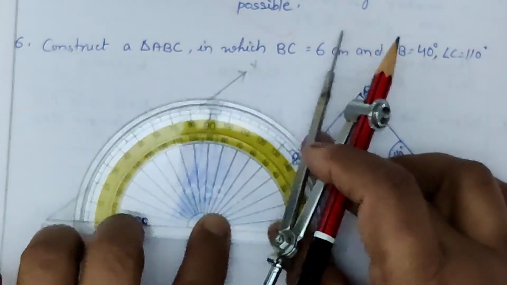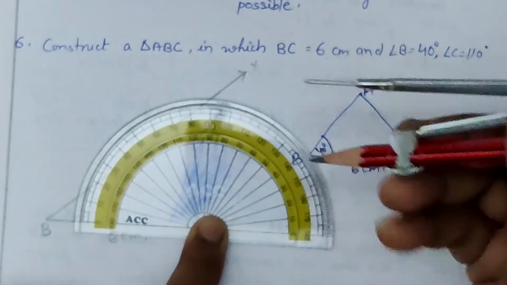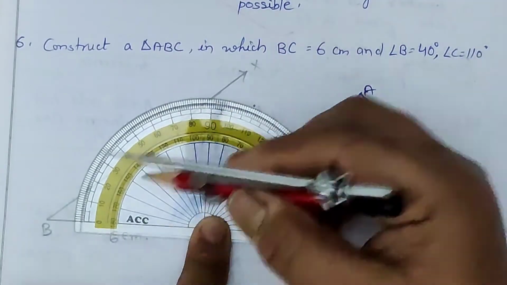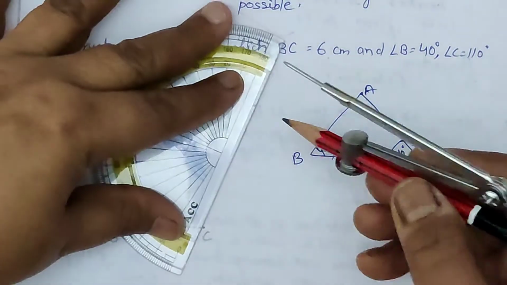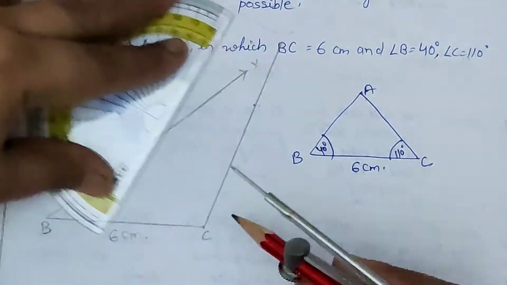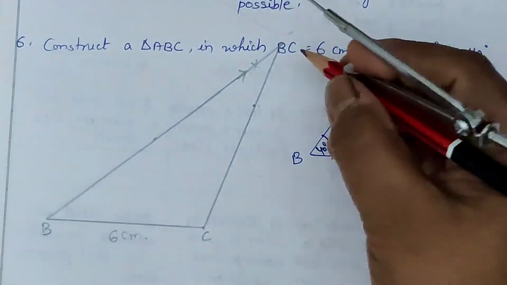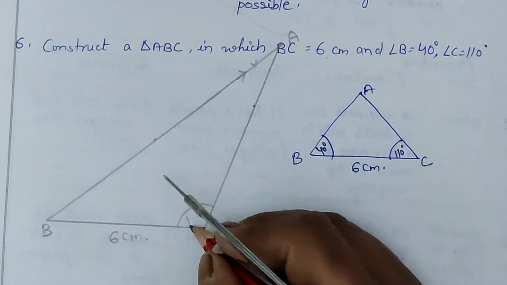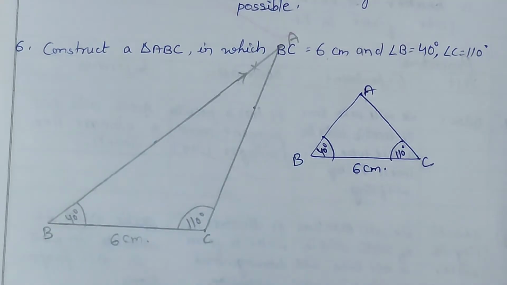Always see the 110 from the 0, 10, 20 in the upper numbers, because the angle starts with 0. Now extend CY, and these lines intersect at the point A. The angle C equal to 110 degrees and angle B equal to 40 degrees.